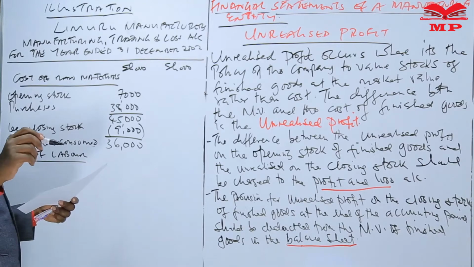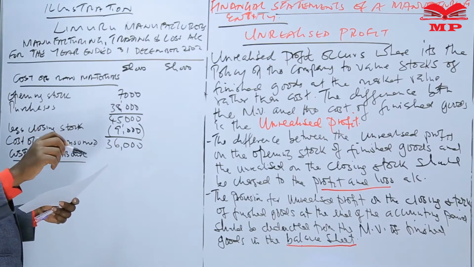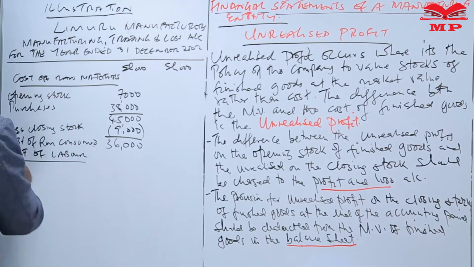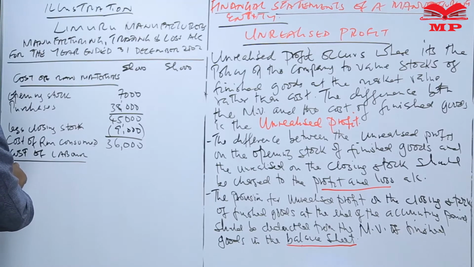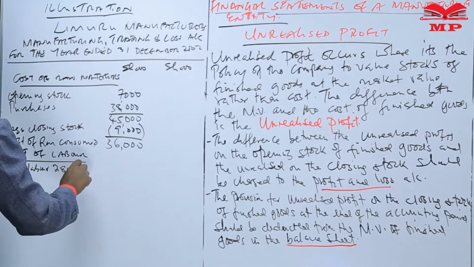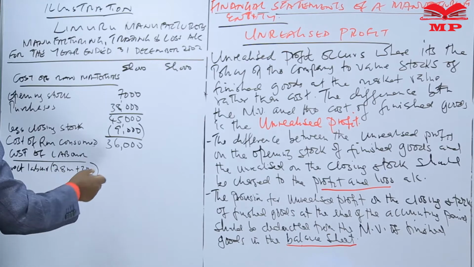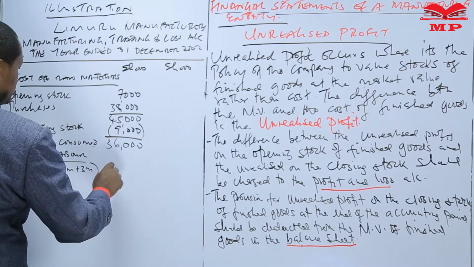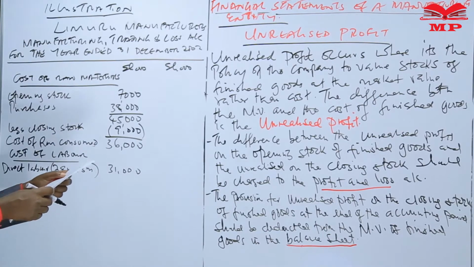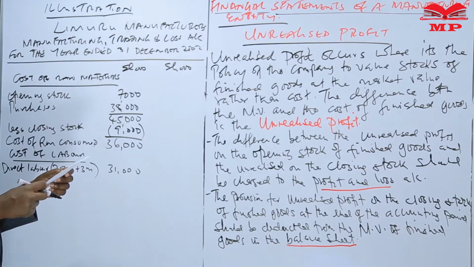So accrued or labor in arrears we add, right? We add. So we have direct labor: 28 million plus 3 million to get 31 million.